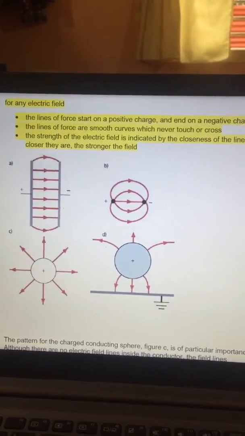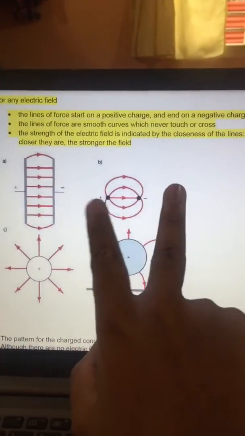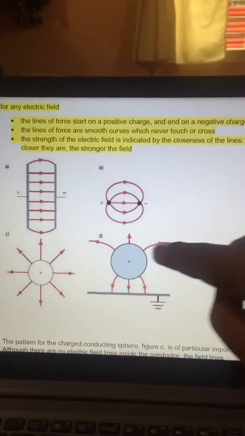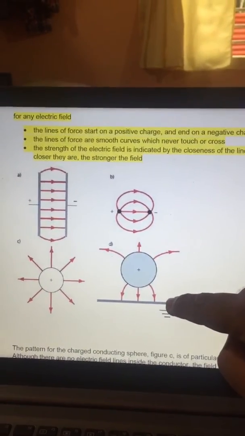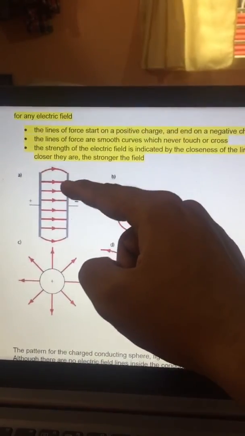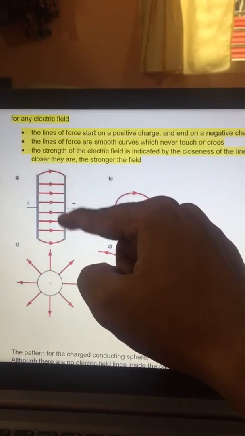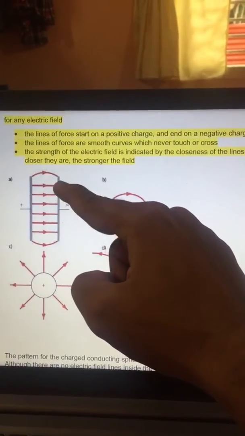Then the field lines for different patterns are shown: the spherical charge, then a positive and a negative charge, then a positive spherical charge which is earthed. And this is a very important one. Here if you look, in the middle the lines are parallel and the gaps between them are equal.